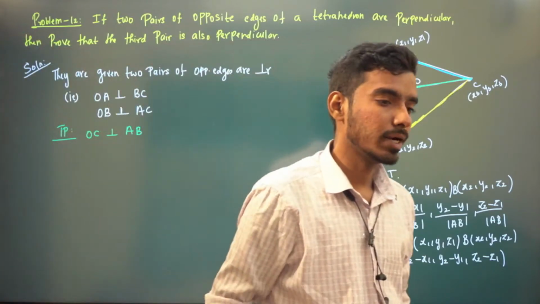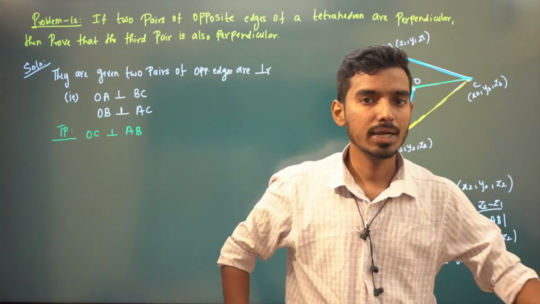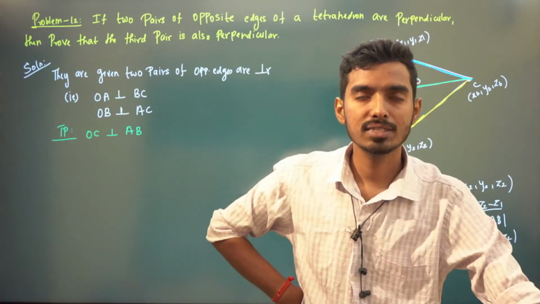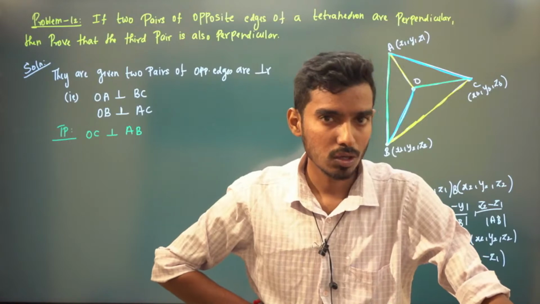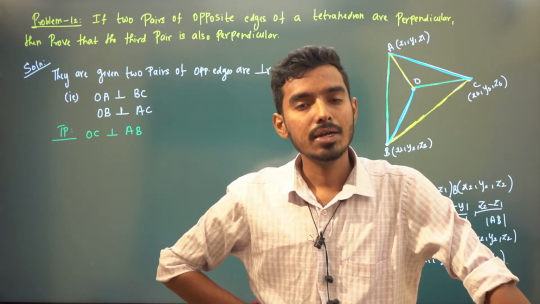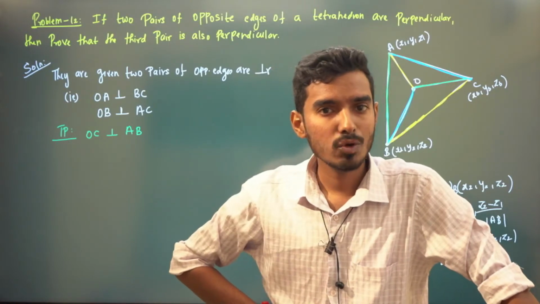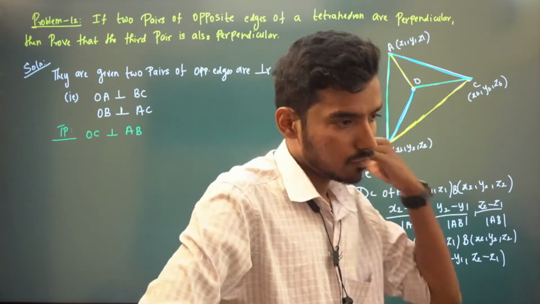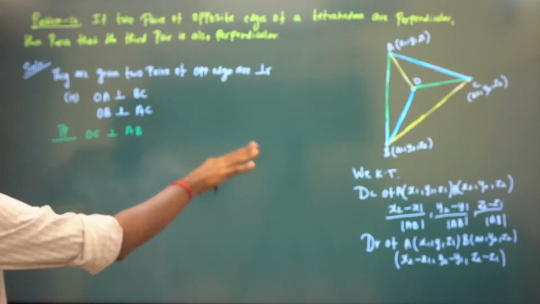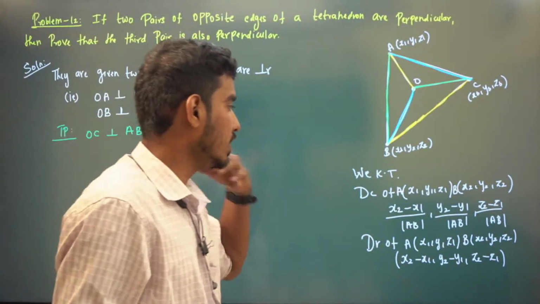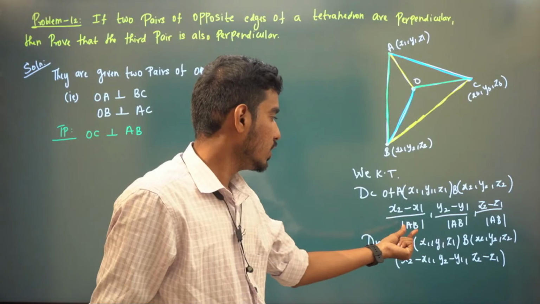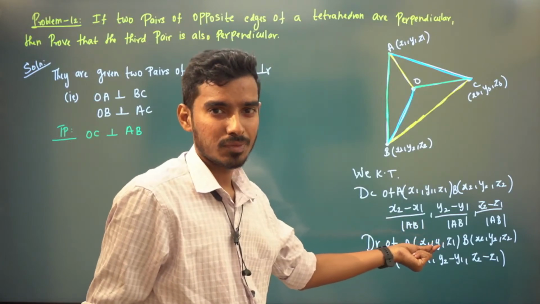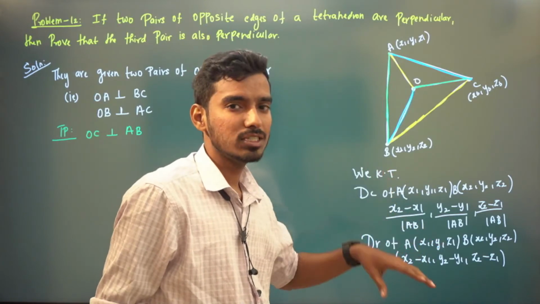To prove two lines are perpendicular, you can either prove L1 L2 plus M1 M2 plus N1 N2 is 0 in terms of DC, or in terms of DR, prove A1 A2 plus B1 B2 plus C1 C2 is 0, right? I'm going to prove everything in terms of direction ratio. Why? Because otherwise we need to find magnitude also. It will take time.